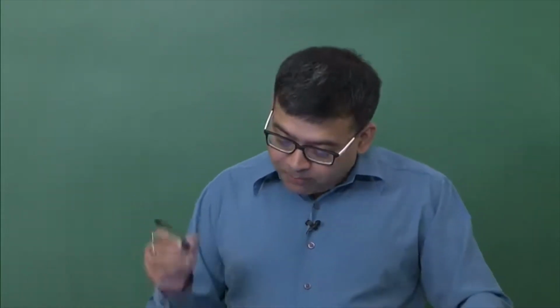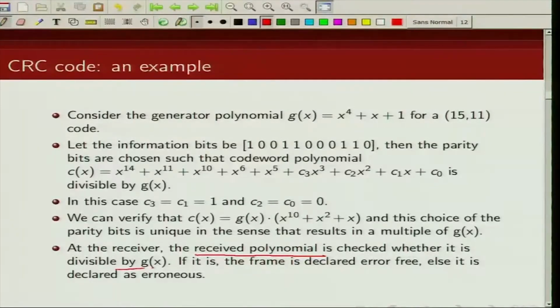If the received polynomial is divisible by g of x, we declare that the frame is error free. Otherwise, if it is not divisible by g of x, we know there is an error in the received sequence. So this is how we make use of the CRC for error detection.